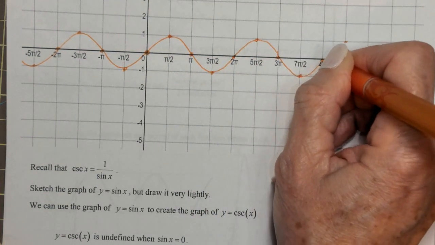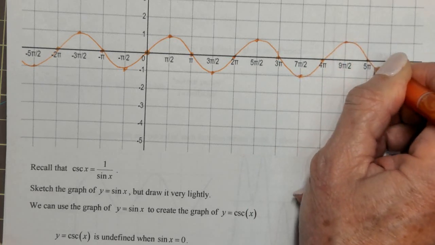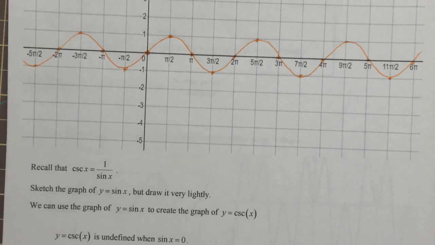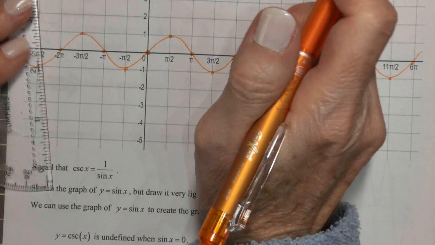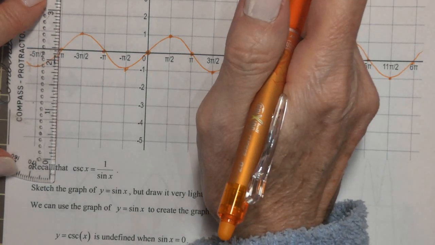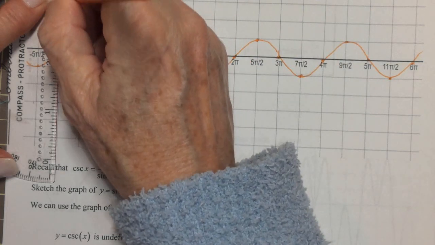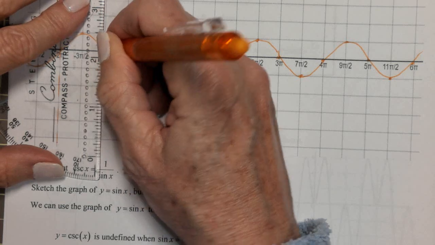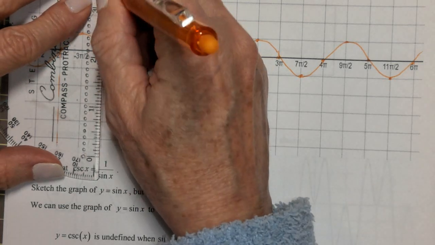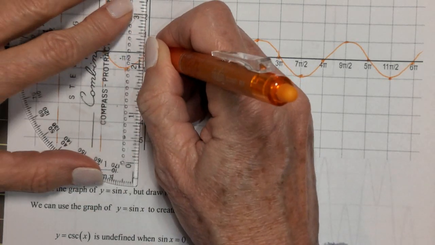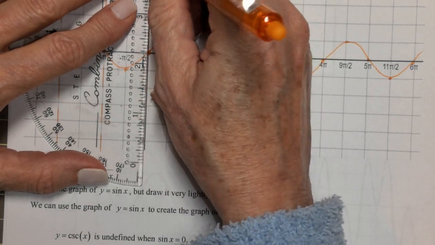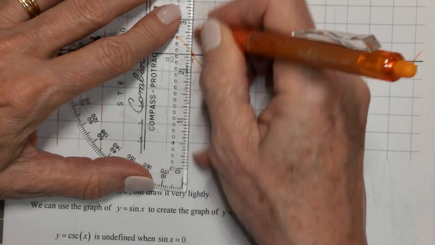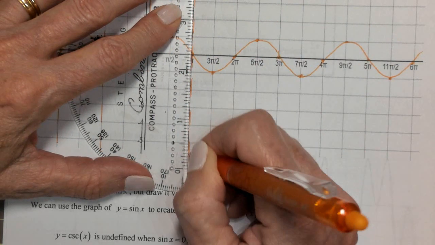I want you to get to where you can draw this graph of sine in your sleep. You know exactly where it goes, exactly how to draw it. Everywhere sine is 0, we have a vertical asymptote, so at all the whole pi's, because that is where sine is 0. And cosecant is 1 over sine.